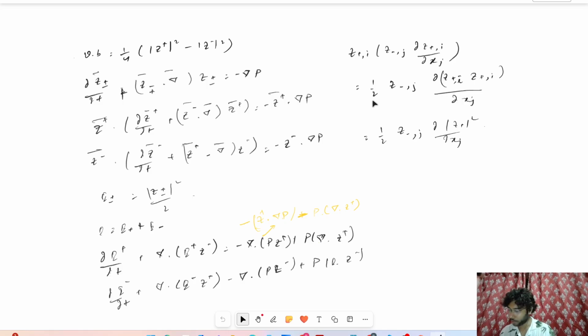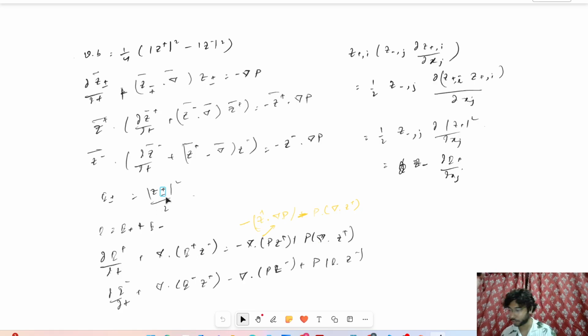And the half is, because E plus is half Z plus square, this is Z minus del E plus del x j. So that's what we have written. And we can take this Z minus inside the del because del dot Z plus and Z minus is 0, right?